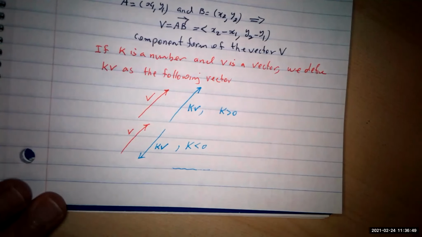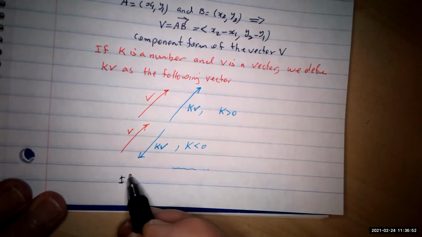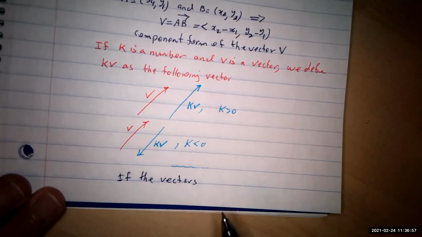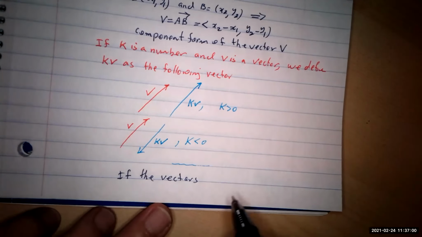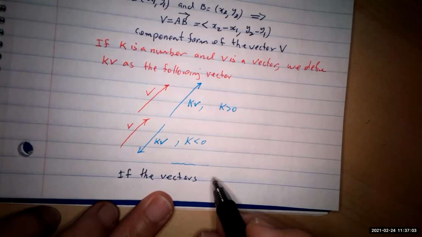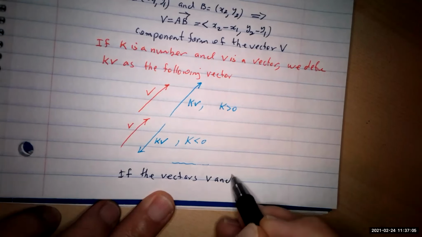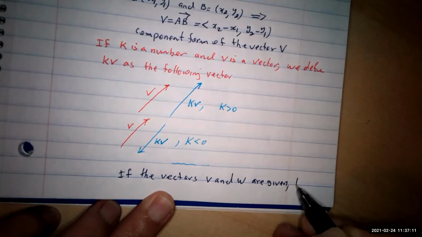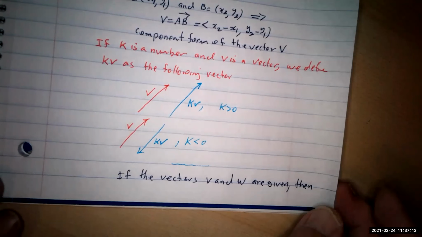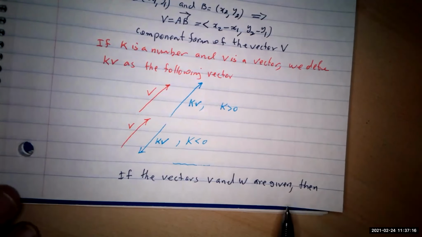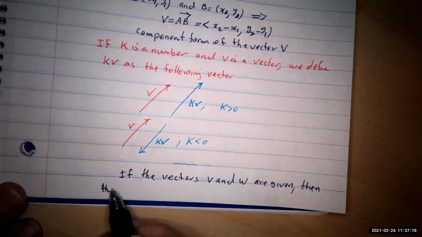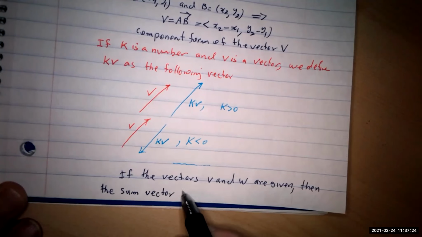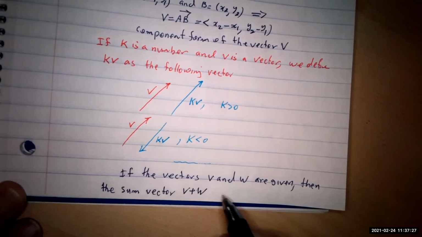So one more thing: if the vectors, let's say v and w, are given, then the sum vector v plus w can be defined.